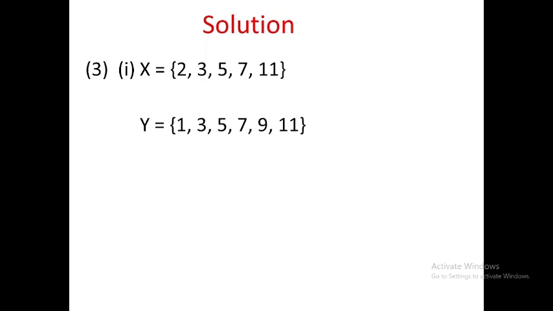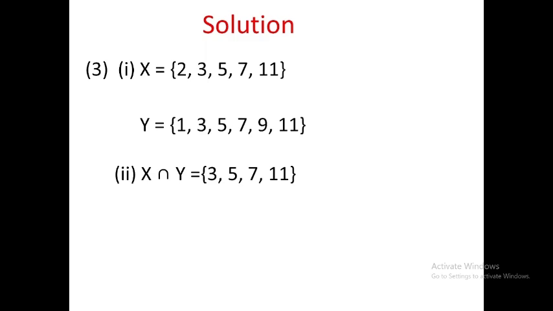It says list the members of x intersection y. Of course, we said the common elements, what appeared in set x and appeared in set y. When we look at it critically, we can see that 3, 5, 7, and 11 appeared in both sets. Therefore, they become the intersection.